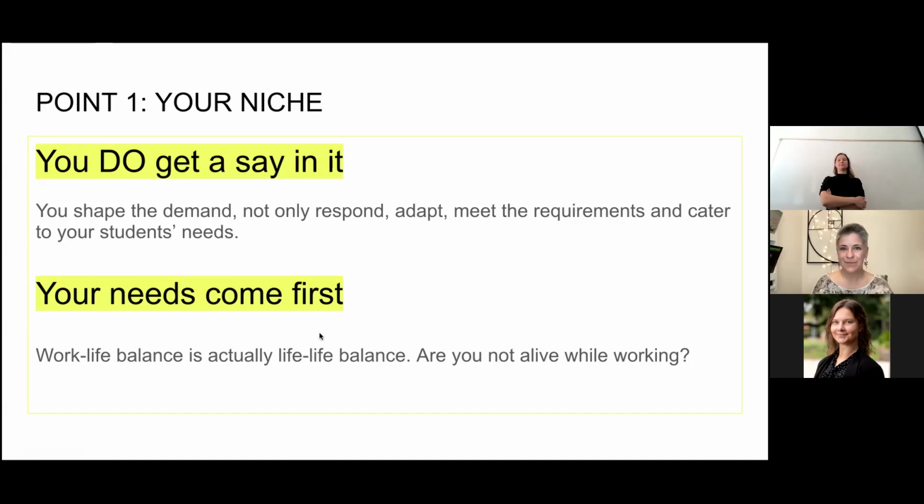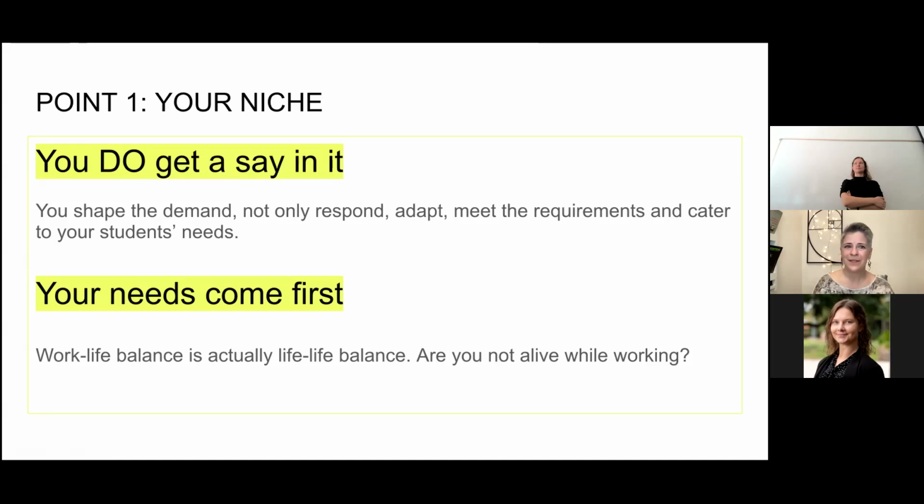And this is truly, truly important for you to be sustainable, I would say. Because if you just try to cater for all the market, for anyone and everyone, it can most probably lead to a burnout or living quite a miserable life, if I may put it this way.